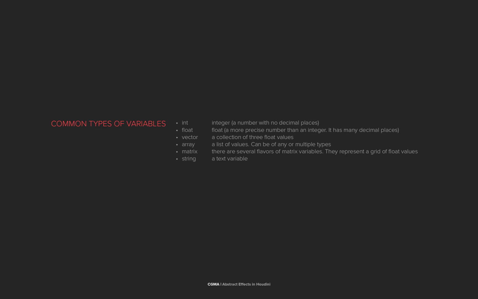A matrix is just a grid of values, a grid of floats, and they have 2x2 matrices, 3x3, and 4x4, and they're used all over computer mathematics, such as calculating rotations and transformations, but we probably won't be getting into those too much here. And then finally, a string is just a text variable, so something like happy birthday or hello world, or the name of a piece of geometry would be an example of a string.